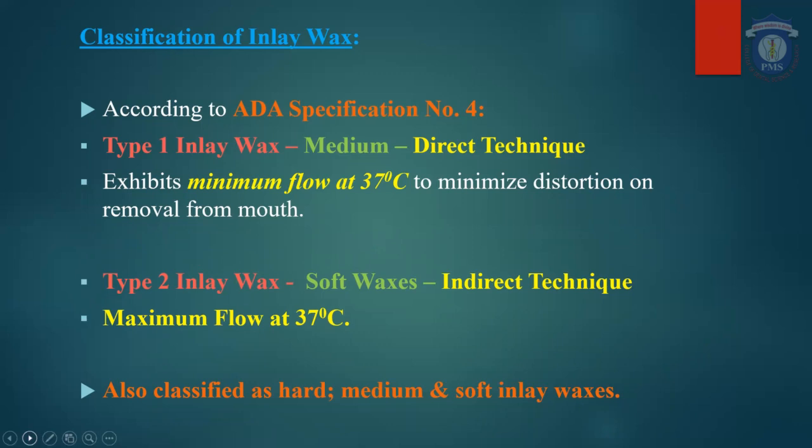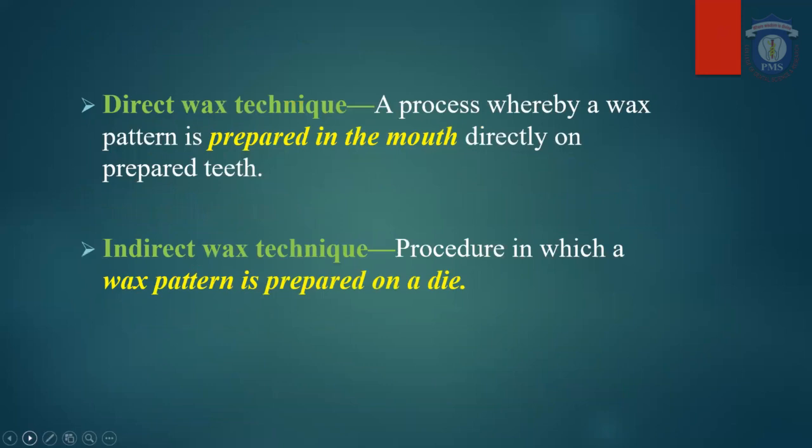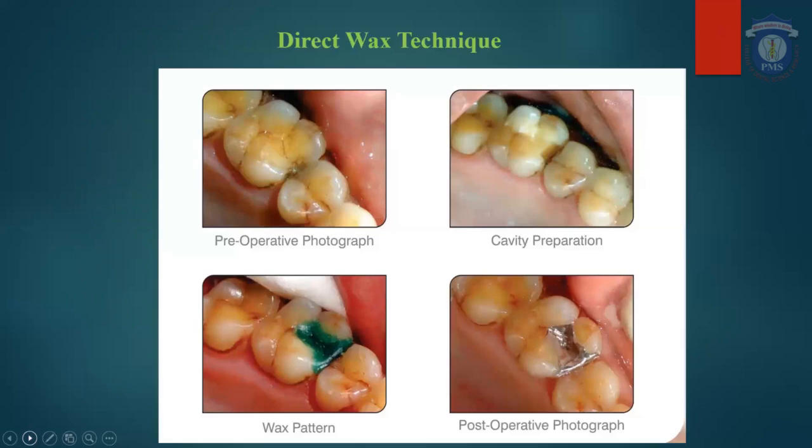First I'll explain what you mean by direct technique. Direct wax technique means a process whereby a wax pattern is prepared in the mouth directly on the prepared teeth. You can see here that on the cavity prepared in the oral cavity, the wax pattern is directly prepared. So these waxes will be subjected to the higher temperature of the oral cavity.